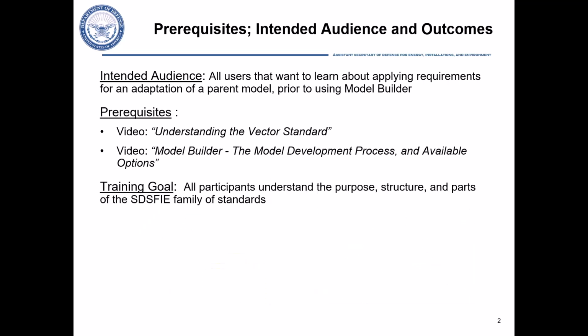video. The overall goal for our training resources is that all SDSFIE users understand the purpose, structure, and parts of the SDSFIE family of standards or standards framework and how to implement those standards.